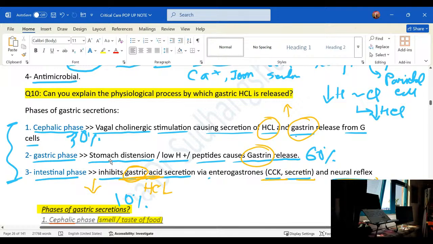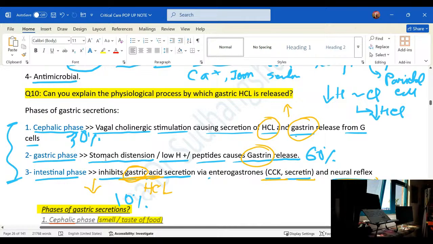Gastric acid secretion has three phases: cephalic, gastric, and intestinal. In the cephalic phase, triggered by the taste or smell of food, 30% of acid is produced by vagal cholinergic stimulation.